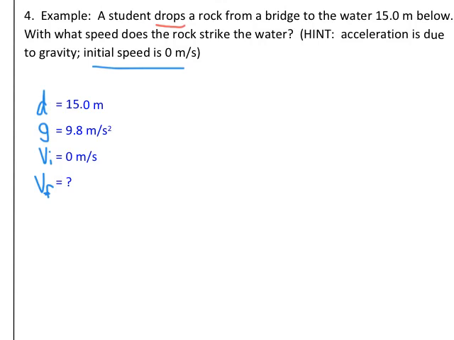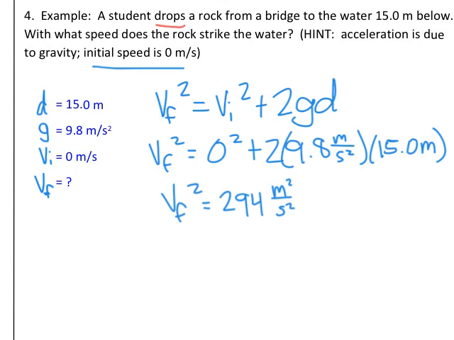So look back at your kinematic equations, the ones that we rewrote for gravity. You should notice that time is missing, so we are going to choose the equation that does not have time in it. Hopefully you recognize that that would be the third equation. So now let's plug in our numbers. When you multiply out all of the values that were given, we should have a final speed squared of 294.